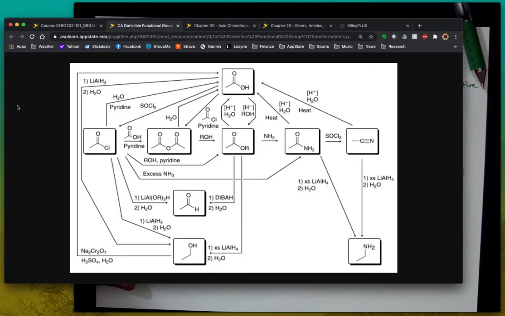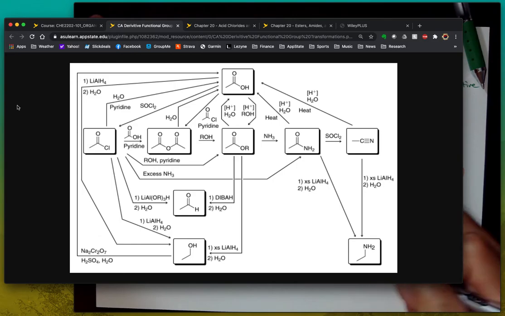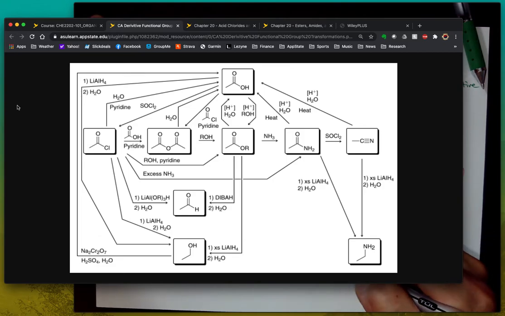Let's take a look. If we wanted to take this species right here, and we wanted to make this species right here, we could easily accomplish that in one step because the ester is less reactive than the acid chloride.